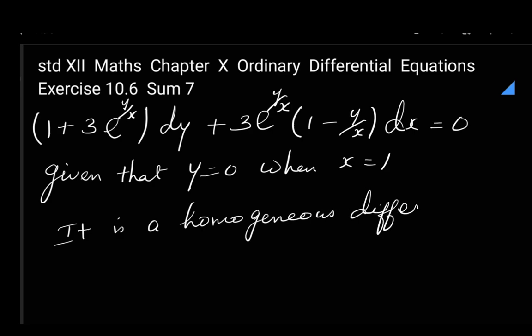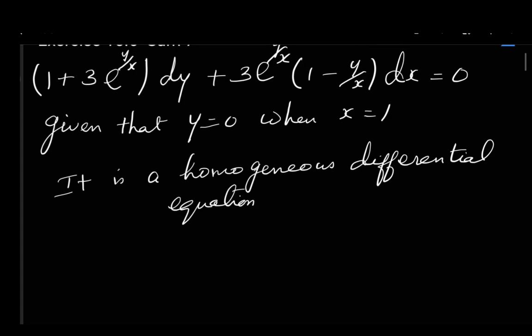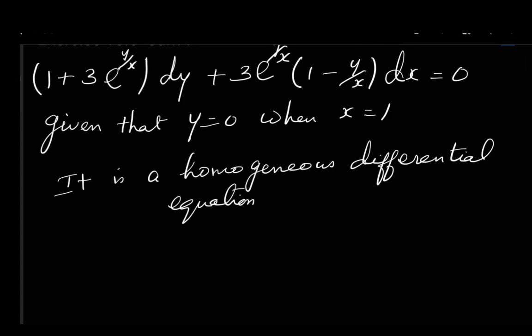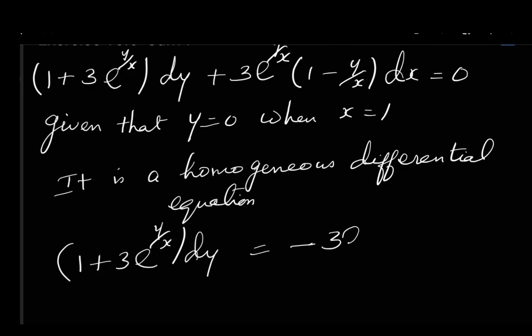Homogeneous differential equation. We are going to solve this equation. First, bring this equation into the dy/dx form. There are two terms in this equation. First let me write 3e^(y/x) dy is equal to, taking this to the other side, minus 3e^(y/x)(1 − y/x) dx.